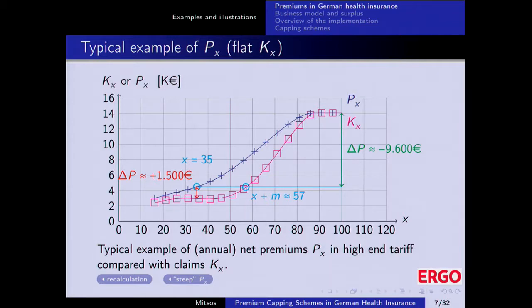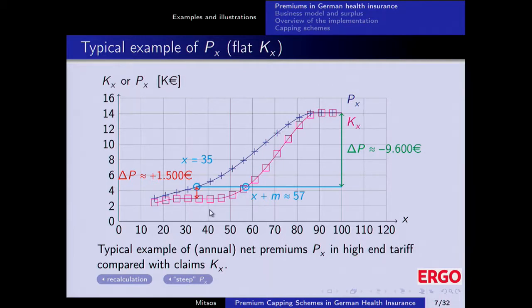He pays as much as it costs, but in high age, he pays almost 10,000 euros less a year than his claims are on average. And of course, this part is the accumulation of the reserve, and this part is the usage of the reserve.